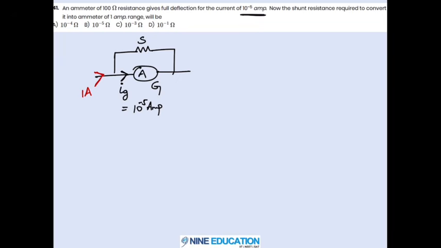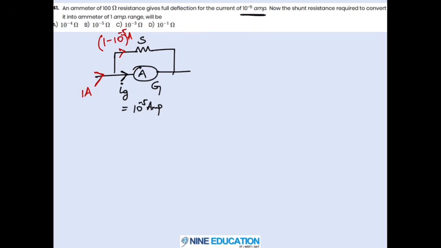So this 1 ampere will again split into two parts. 10 to the power minus 5 ampere will go directly like this, and the rest will go through the shunt. So how much will go through the shunt? Tell me. That is 1 minus 10 to the power minus 5 ampere. This much will go to the shunt.